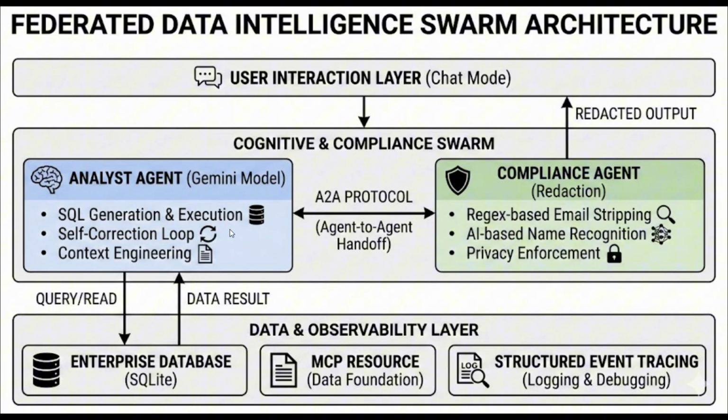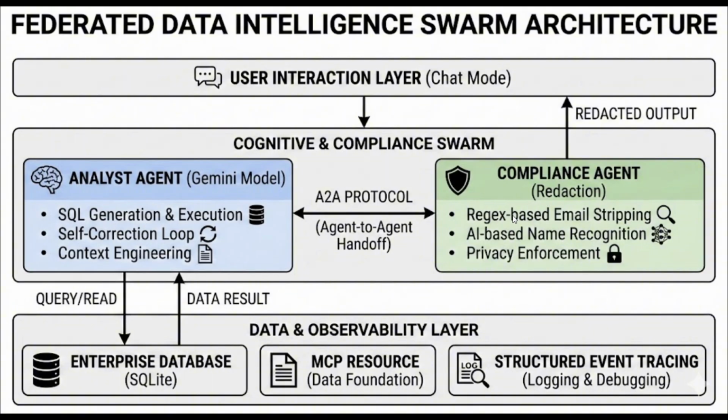But if that's not working because of some errors, there's this self correction loop. It repeats up to 3 times, and it will get your answer. And there's context engineering as well in here, so the agent knows what it's doing, what tools it has, and everything.